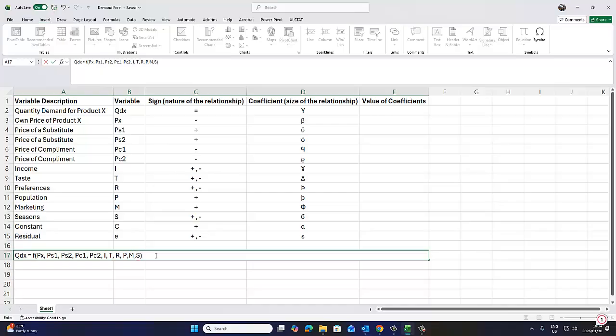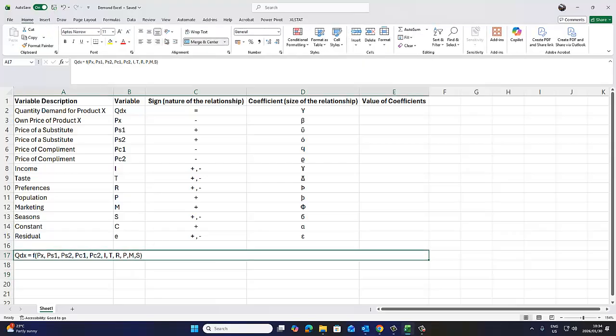So that is my demand function. So let's quickly put it in there. Okay, let's do it for now like this. So there's my demand function.